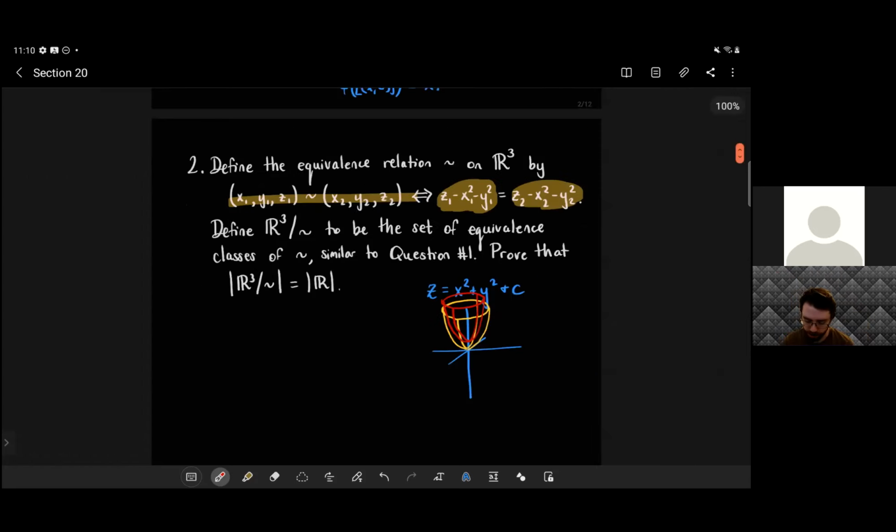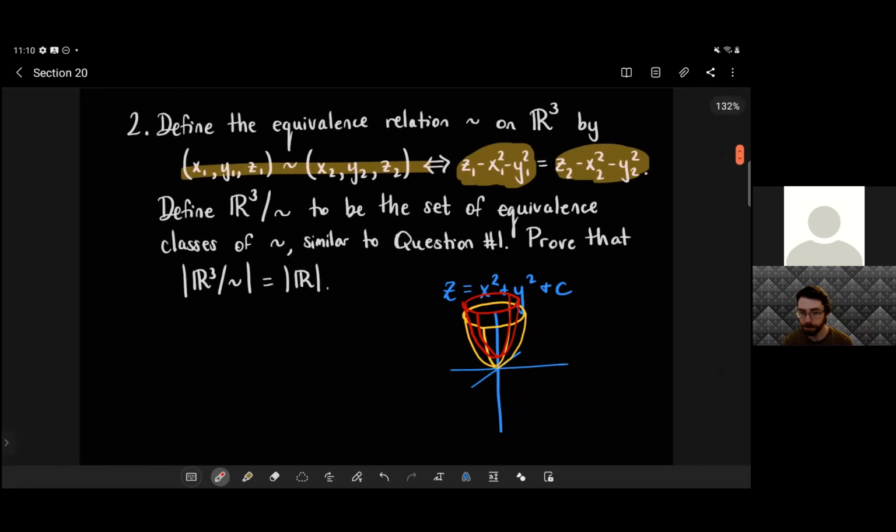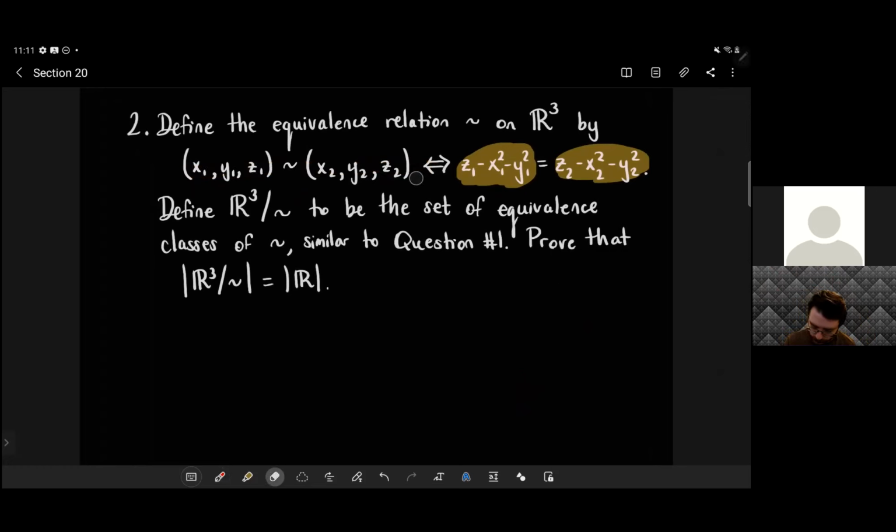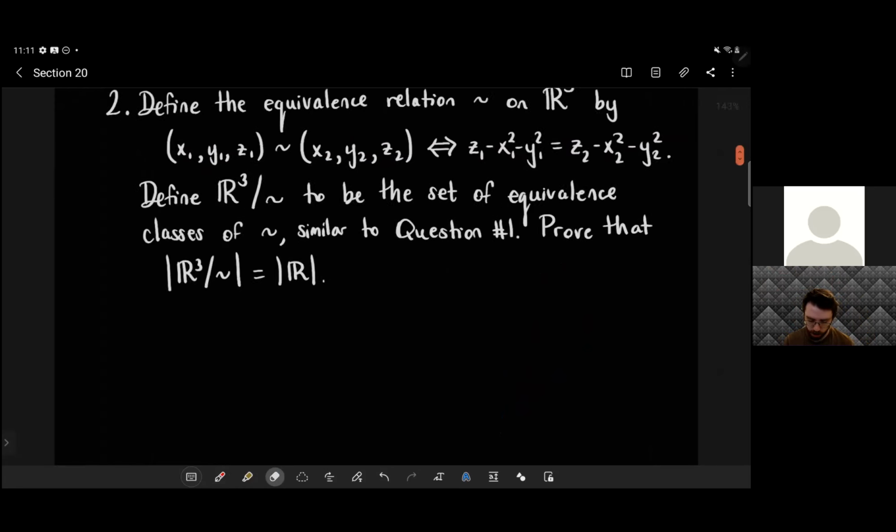Okay, we know equivalence relations partition the space you're working in. In this case, the partition is a set of paraboloids where the only thing that really matters is your z value, how high you're shifting the paraboloid up or down. Okay, so let me erase this. We'll just have that image in our mind. And let's actually work with this thing.